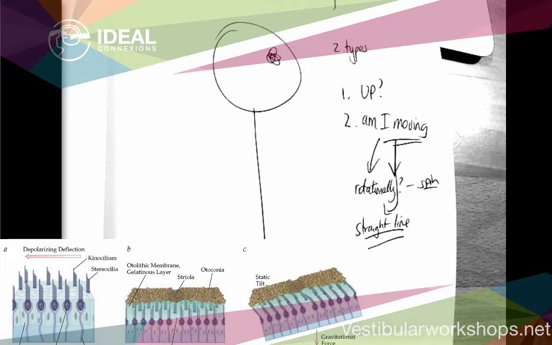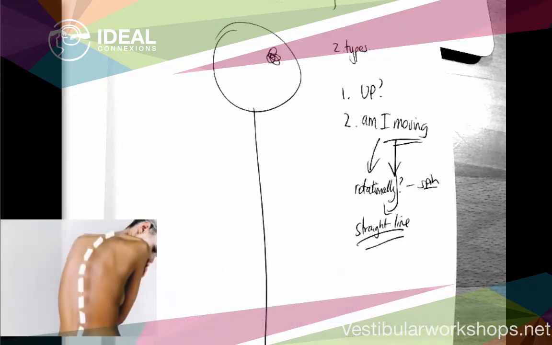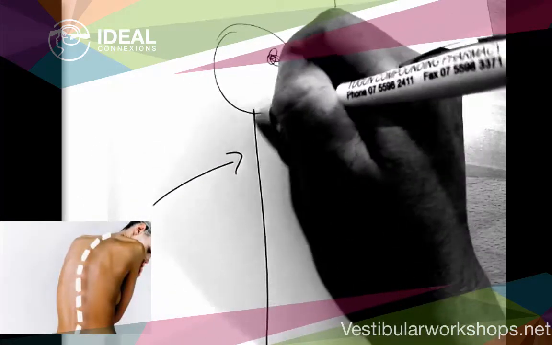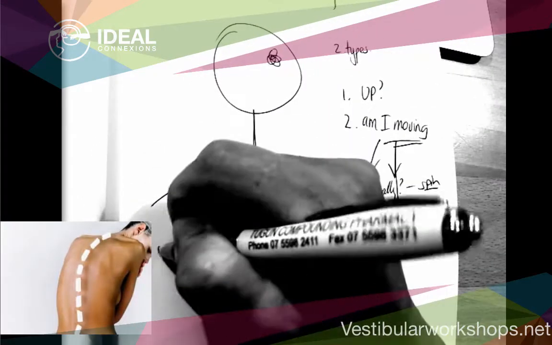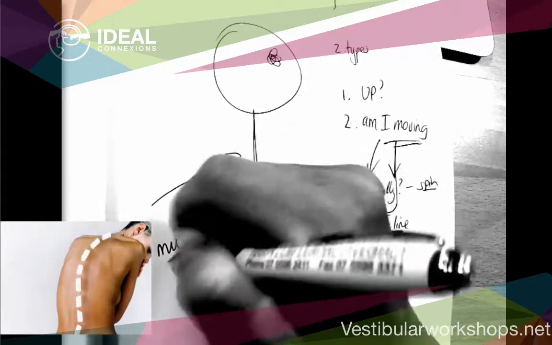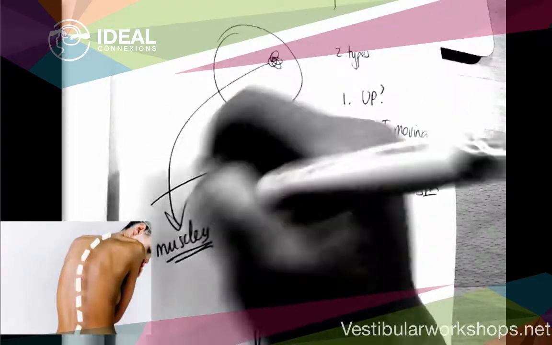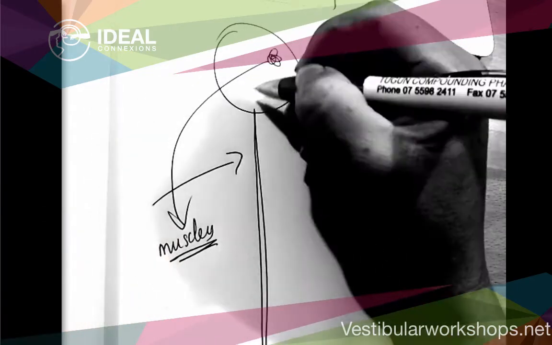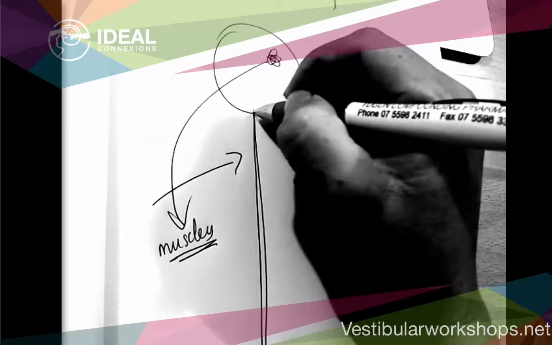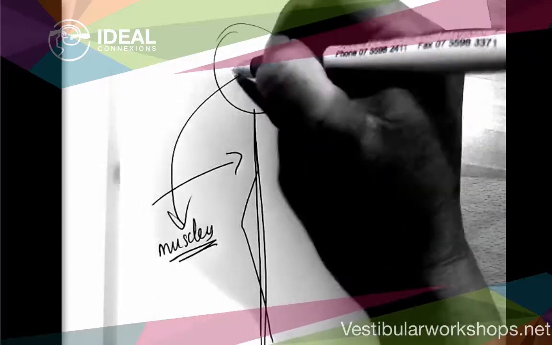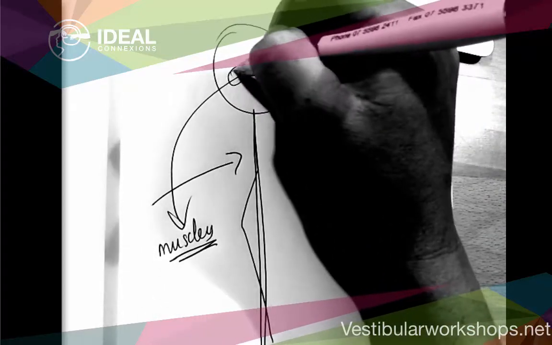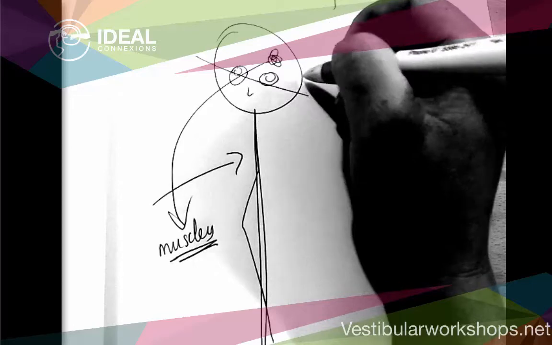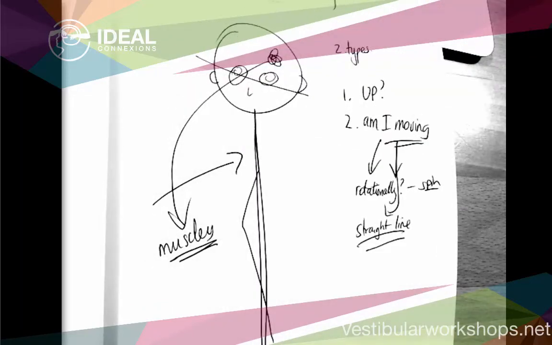So the 2 different receptors are essentially, we'll talk about them later, but you can see straight away that there's things that you can look at straight away in your everyday practice, which is what we're here for as clinicians. And that's the straightness of the spine, which is essentially controlled by muscles that are controlled by outputs of the vestibular system, among other things. But we can also look at posture, because often this isn't quite right. Or your head tilt, if your eyes are not exactly where they should be. Your nose might be a little bit out of whack, or your ears might twist the other way, or you might tilt.